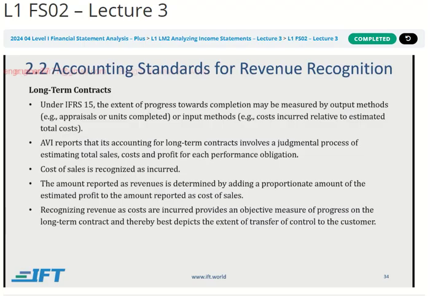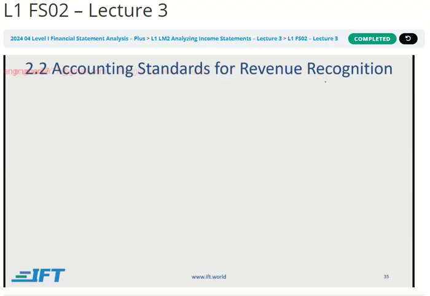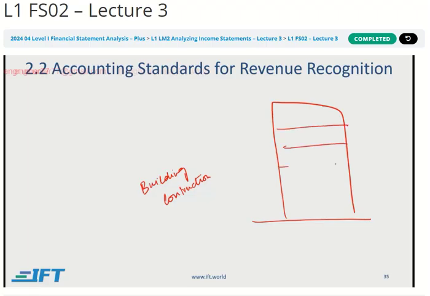Now, a little bit different concept is the difference between the input approach and the output method. So there is an input method and there is an output method. Before I jump into what this example is saying, I want to give you a parallel example. I like to talk about building construction, right? As you might know, when you're making a building with multiple floors, the majority of the work is done when you have to dig and make the foundation.